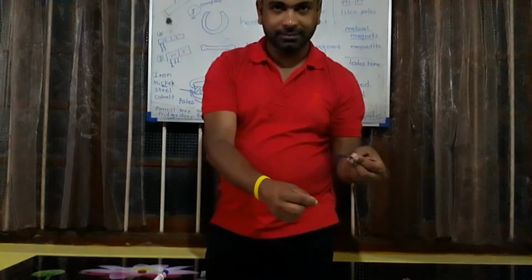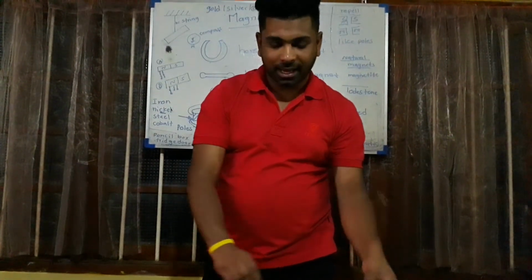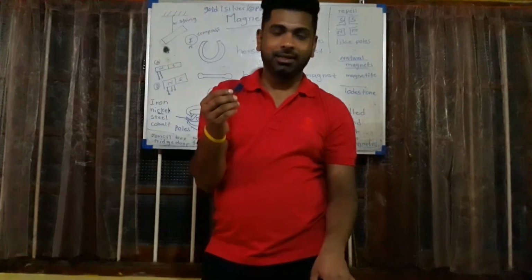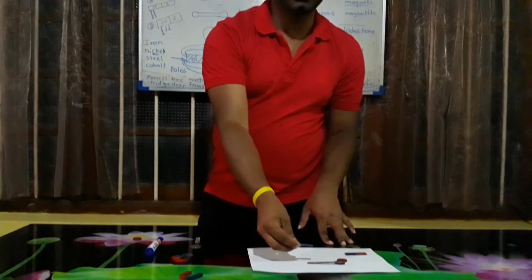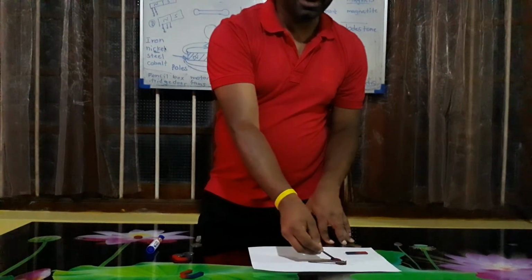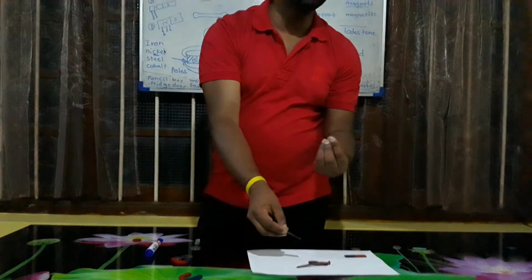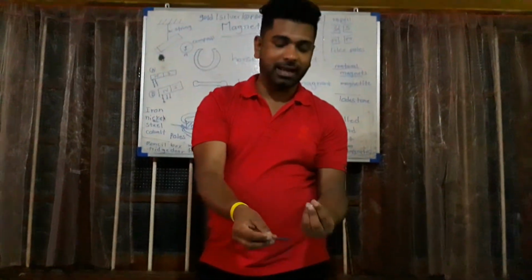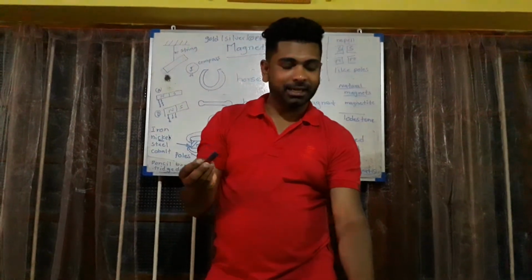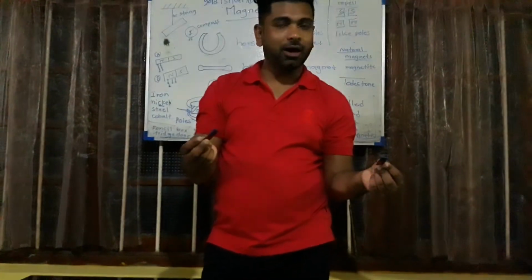Count the nails and write the number, and use the next bar magnet and keep it very close to the iron nails, and like that it will get attracted, and count the nails which got attracted to the end of the second magnet.